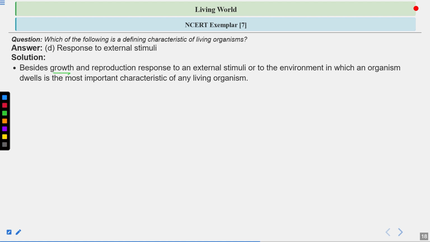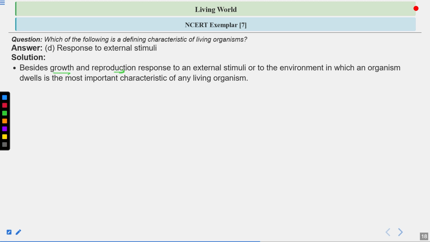But the difference is that living things grow internally due to cell division. But these non-living things grow externally by the deposition of certain material. So this is the difference. And then reproduction. Okay, like humans, they reproduce by sexual reproduction. Bacteria reproduce by asexual reproduction.